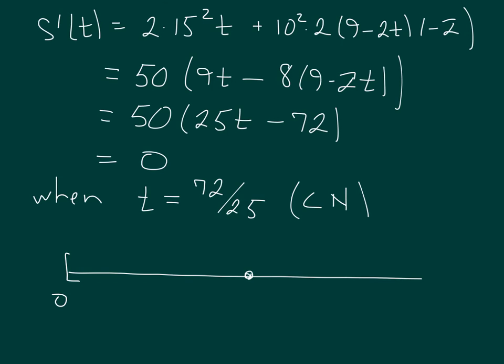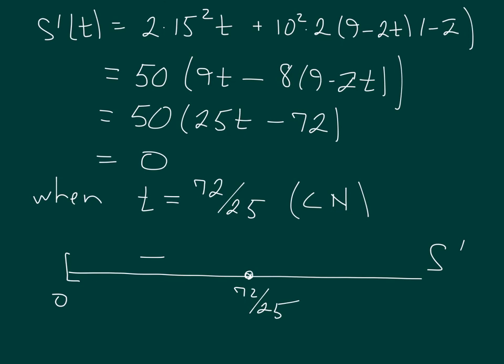So put 72 over 25 on our sign diagram for s prime, and evaluating for some t less than 72 over 25, for example 25 over 25, which is 1, we would get 25 minus 72, which is negative, times 50, still negative.